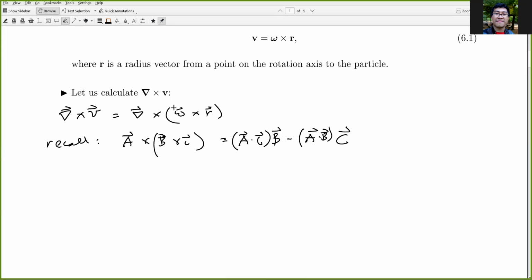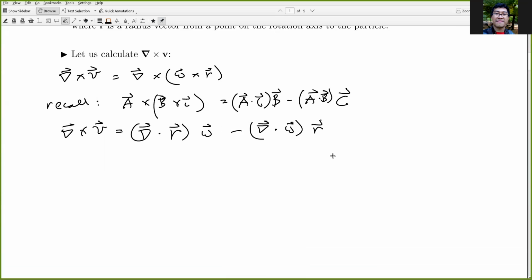In our case, let's set omega as constant so that when we take the derivative, it doesn't change. So if you take the derivative of this product, the derivative only acts on r. So our del cross V would become del dot C, C is r, times B, which is omega, minus A dot B, which is del dot omega, times r.